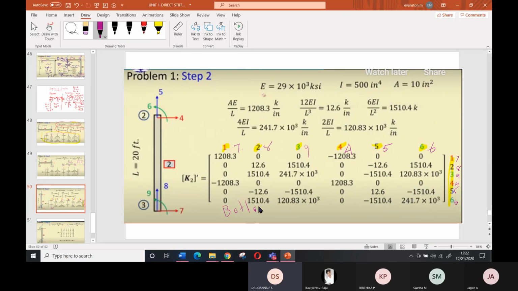Bottom, that's important. Bottom to top. If you want, you underline it. First you have to number 7, 8, 9. Then you have to number 4, 5, 6.